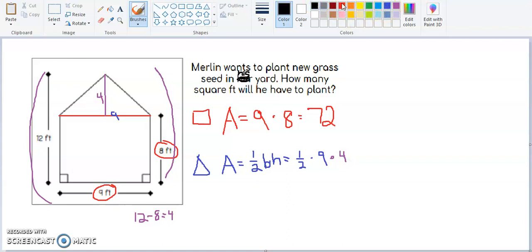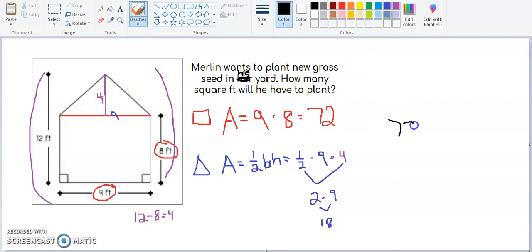And because 9 times 1/2 is more difficult, because 9 divided by 2 is not even, I'm going to go ahead and stretch it a little bit because of the commutative property of multiplication. 1/2 times 4 is like 4 divided by 2, so it's 2 times 9. And 2 times 9 is 18. And just like before, I have to add these together.